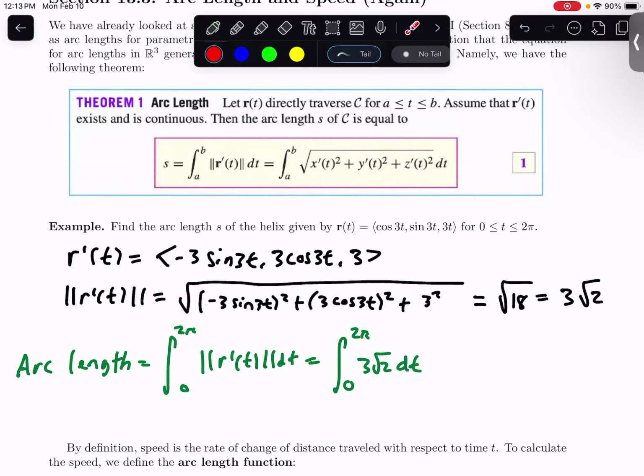And to integrate this, this is just a constant, right? So the antiderivative of this is 3 times the square root of 2 times t. And then you plug in t is equal to 2 pi and subtract what you get when you plug in t is equal to 0. And this is just going to give you 2 pi times 3 times the square root of 2. And then you can multiply the 2 and the 3 to get that this is 6 pi times the square root of 2.